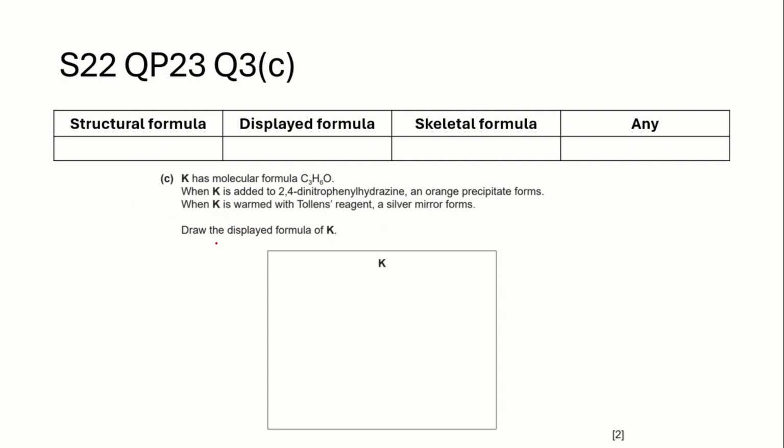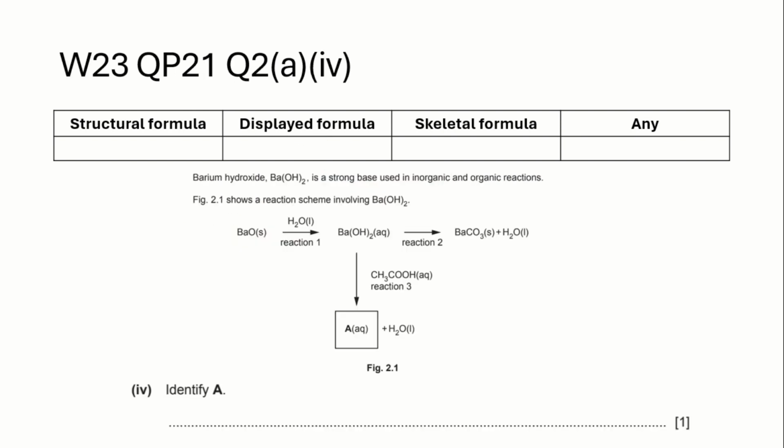Next one. Draw the displayed formula of K. Keyword displayed formula. So you should only draw displayed formula of K. Next one, another interesting question. It says identify A. Did it even say draw A?